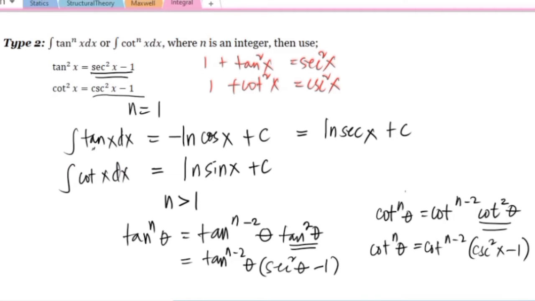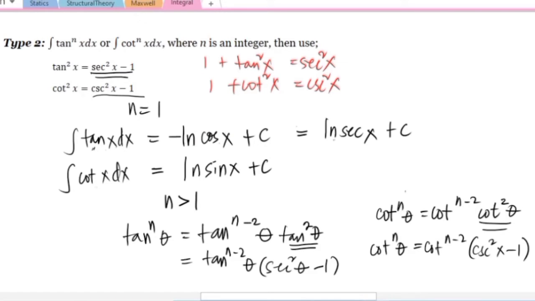So, kung babalikan natin yung type 2, makikita natin that this is the rule. So, if n is equal to 1, then tangent x is equal to negative ln cosine x or equal to ln of secant. If that is cotangent, so this is equal to ln of sine x plus c.